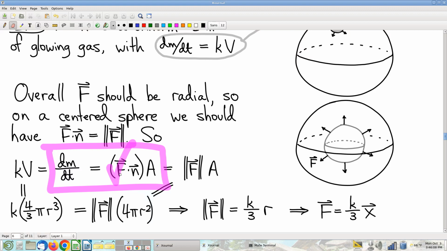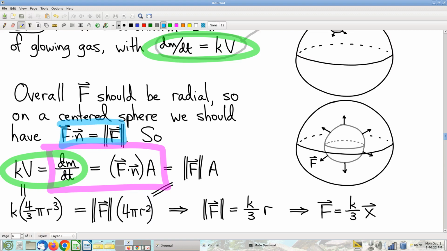We argued over here that the quantity per unit time is proportional to volume. We argued here that this dot product is the magnitude of the vector field. And it's kind of all over but the shouting at this point.